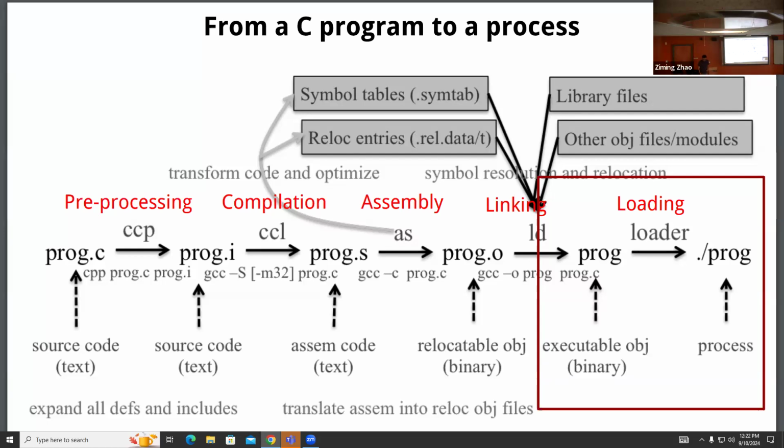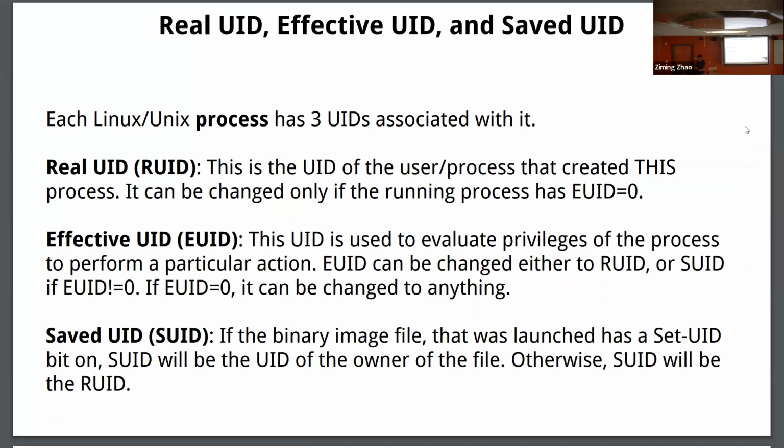In that step, the OS will set a lot of permissions and also user IDs for that process. On Linux, each process has three UIDs associated with it. They are called the real UID, the real user ID, and usually this is the UID of the user or process that created this process.